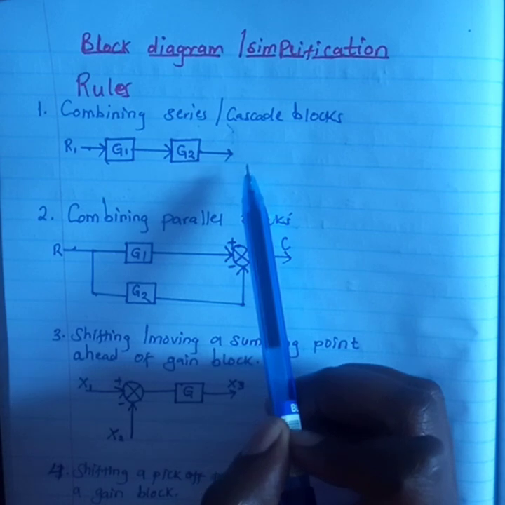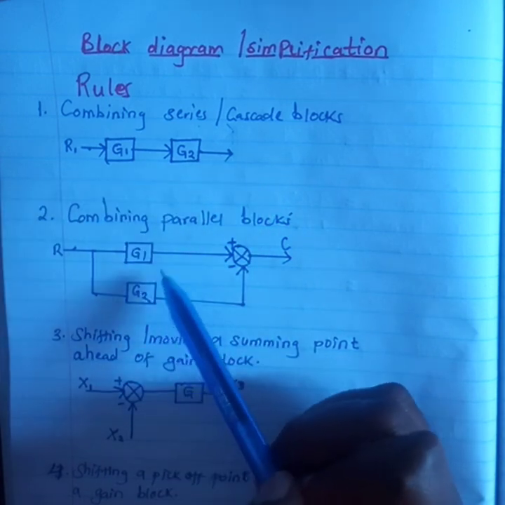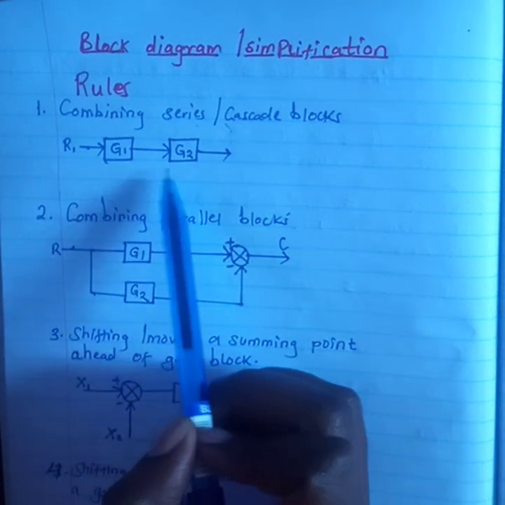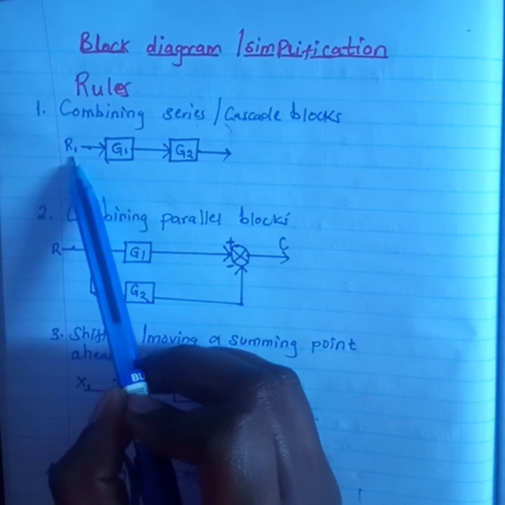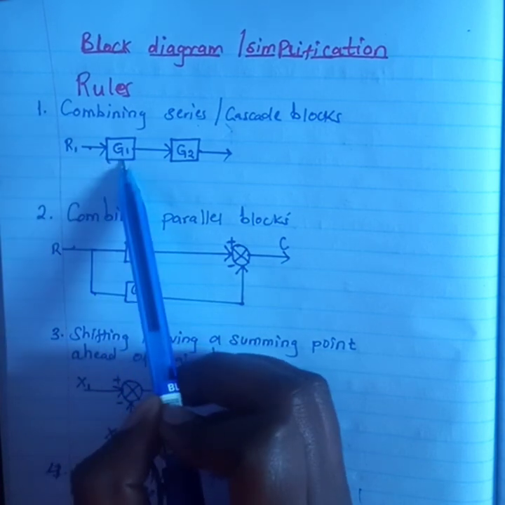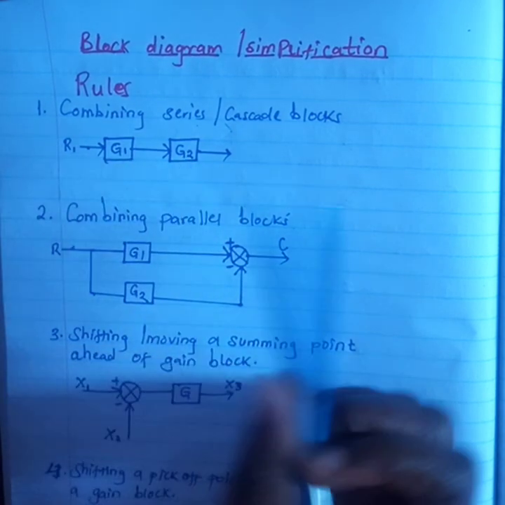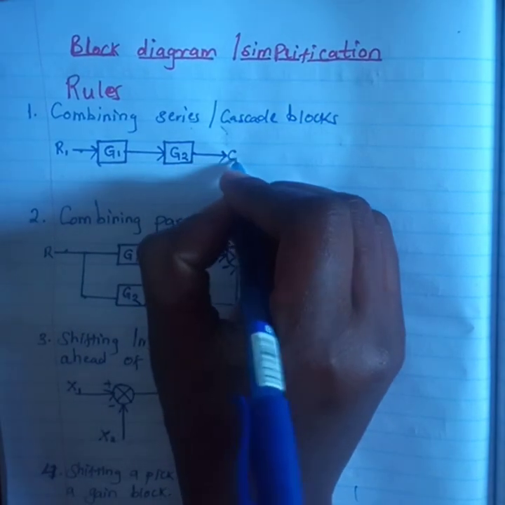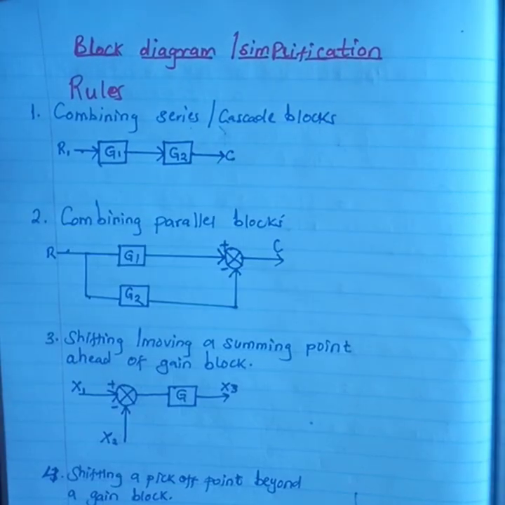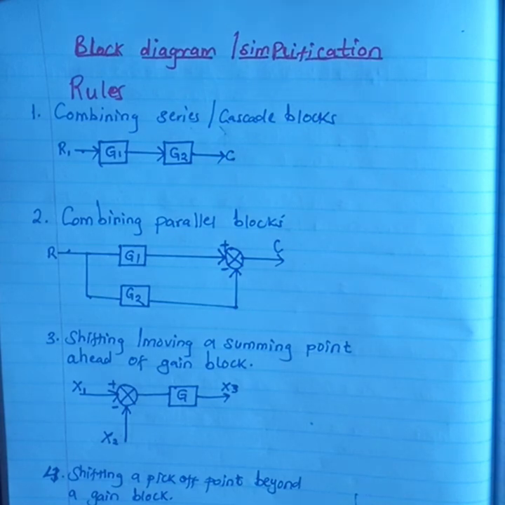Sometimes in a block diagram you are given something like this one here. I have R1 as the input. I have this block G1, I have block G2, and of course it should have the output C. So how do we simplify these two blocks which are in series or cascade? Just multiply the two blocks.